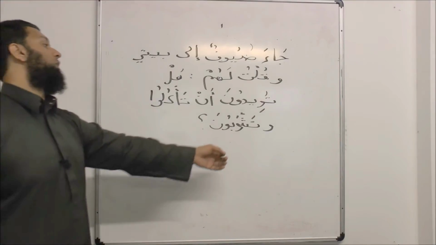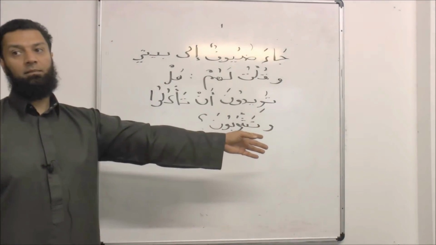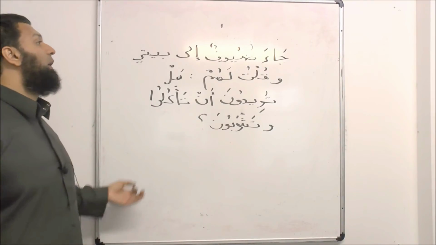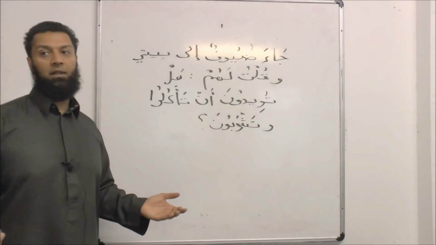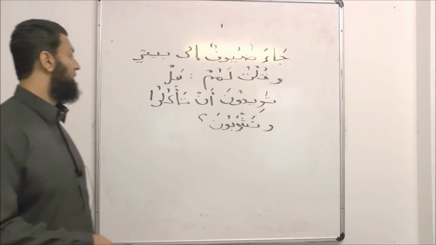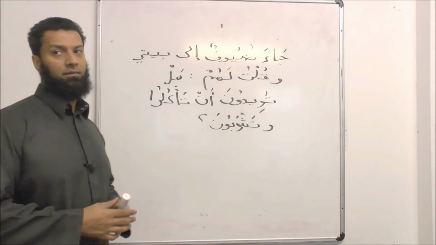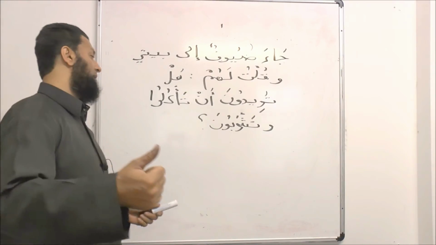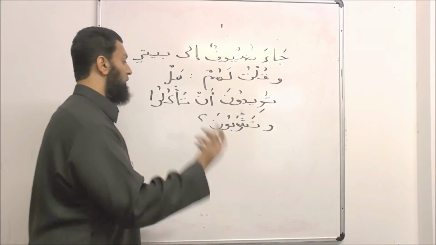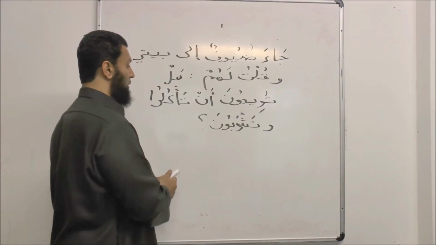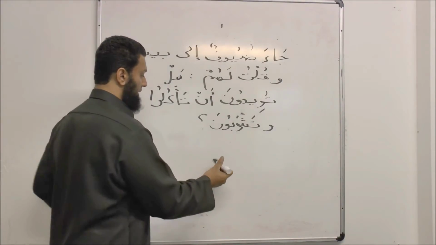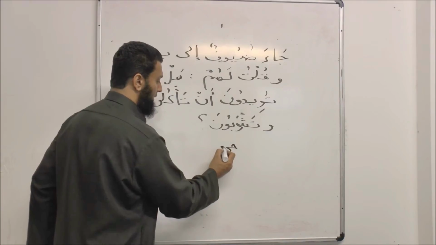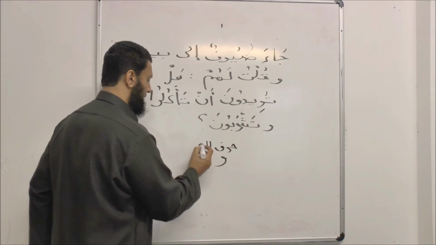Now, the waw al-ataf. What does the waw al-ataf do? What's its function? There's three parts actually. There's the harf al-ataf, which in this case is the waw.